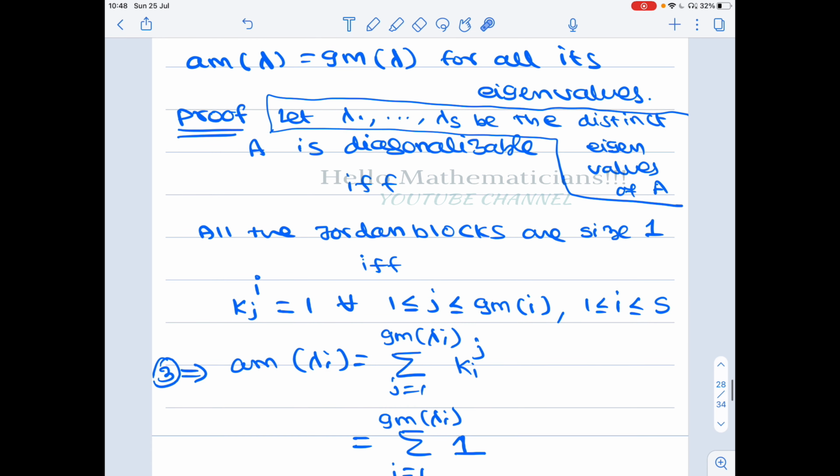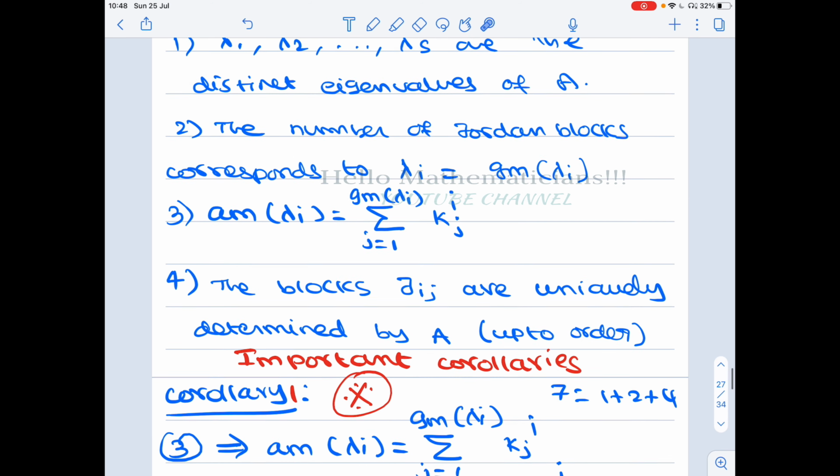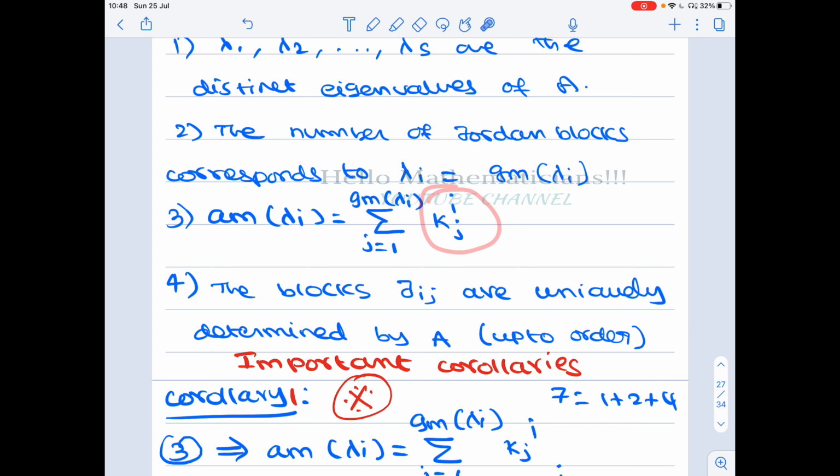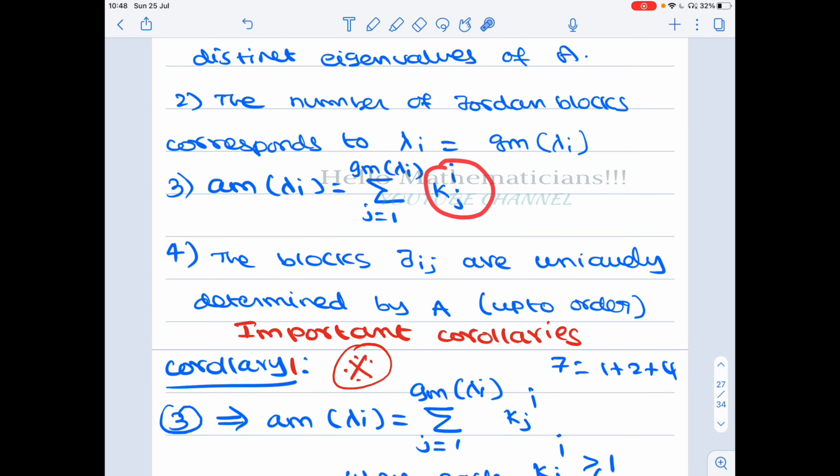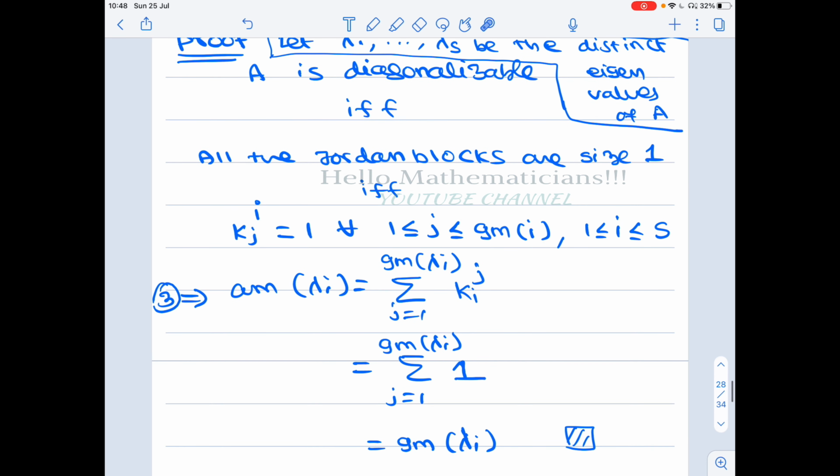So all the Jordan blocks being of size 1 means that the k_ji appearing here are all equal to 1. But from equation 3, we have this.